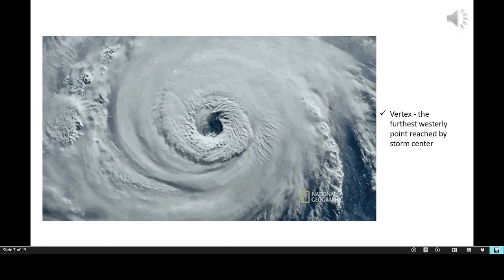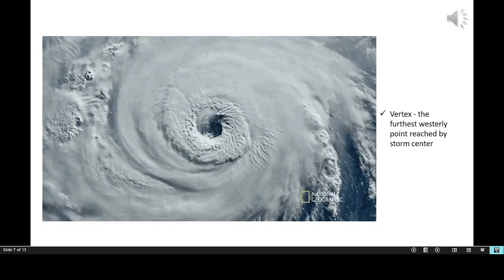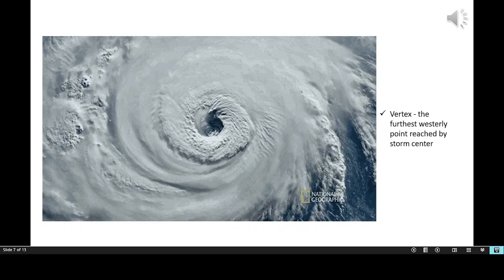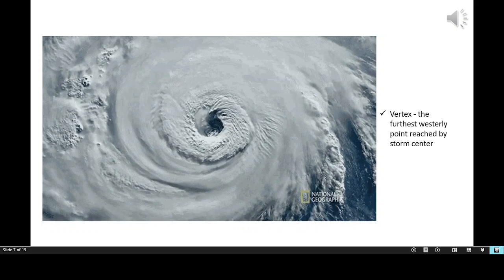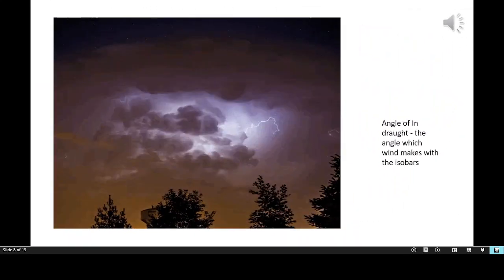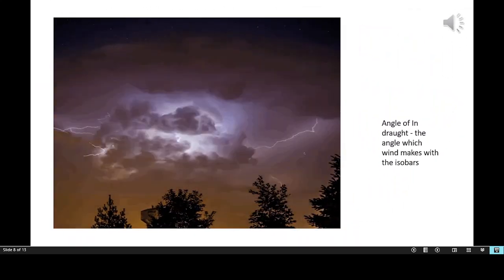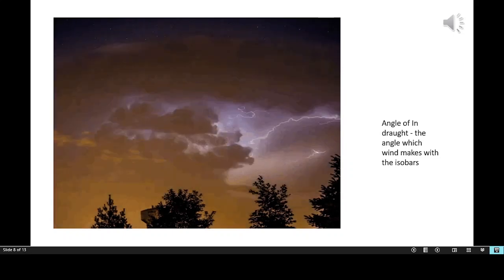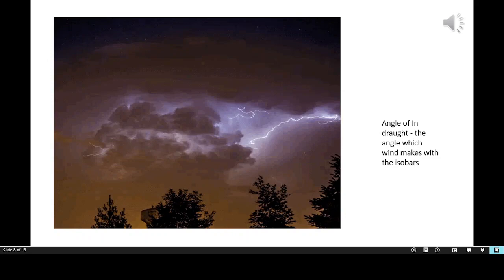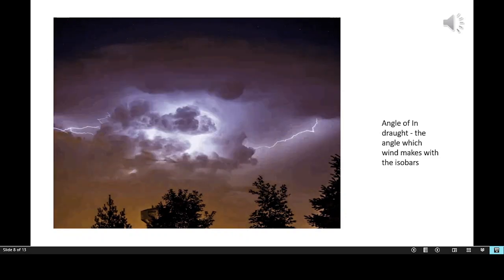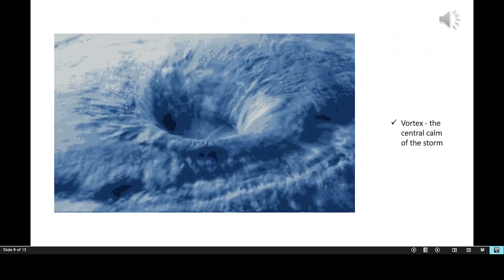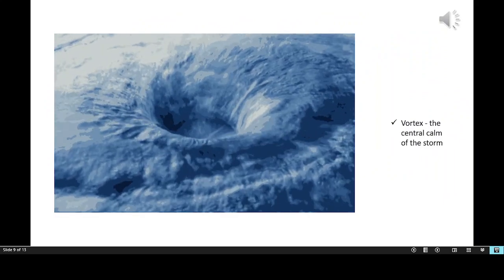Vertex, the furthest westerly point reached by storm center. Angle of indraft, the angle which wind makes with the isobars. Vortex, the central calm of the storm.